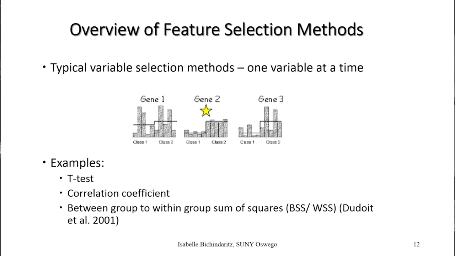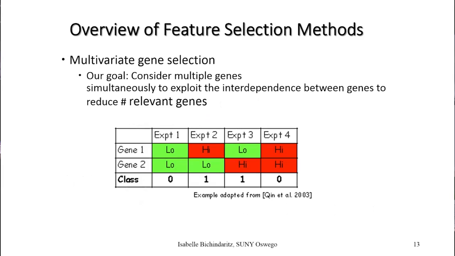These are numeric methods, statistical methods. There is another one that I will go into more detail about, which is called the between group to within group sum of squares, BSS, WSS. So these are some examples of feature selection methods that consider 1 feature at a time.